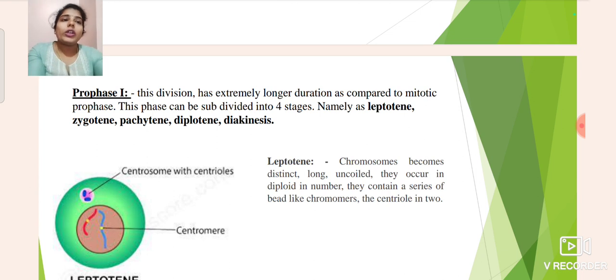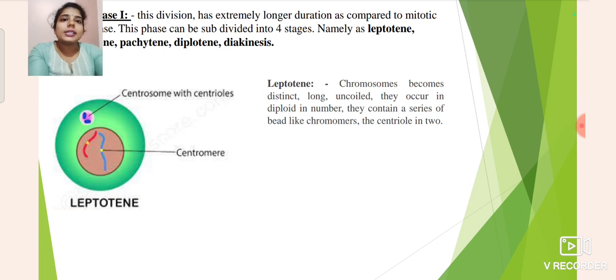Mitotic cell division consists of the stages prophase, metaphase, anaphase, telophase, and cytokinesis. But in meiosis, prophase first consists of five substages. We call them leptotene, zygotene, pachytene, diplotene and diakinesis.